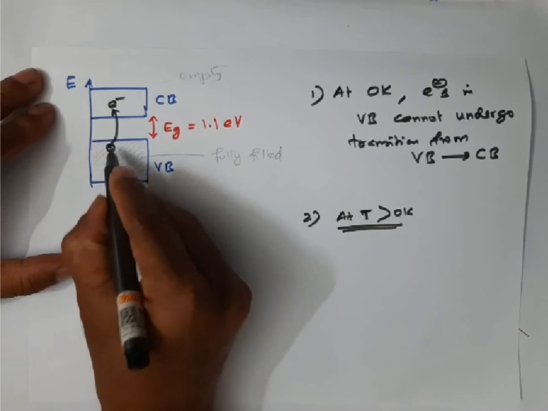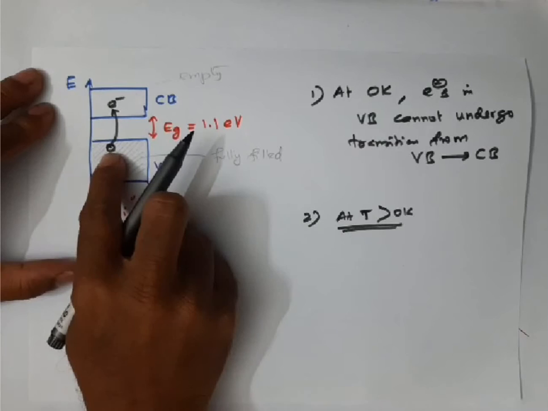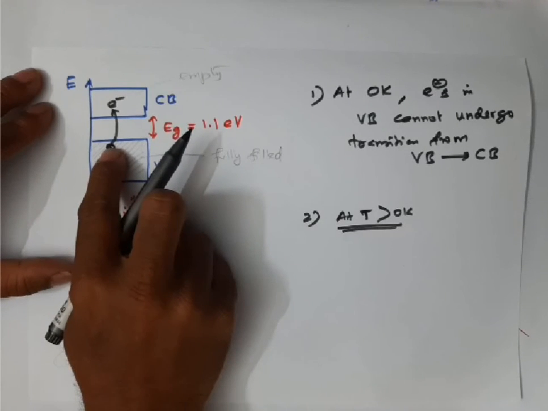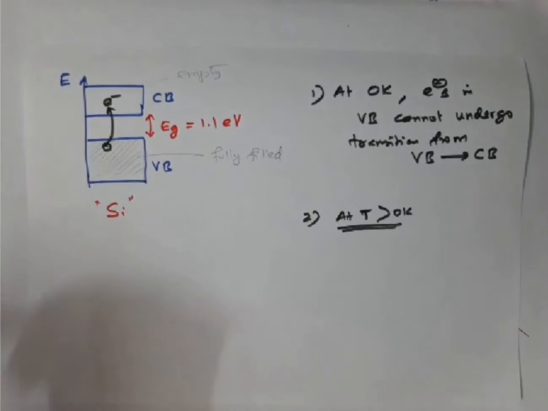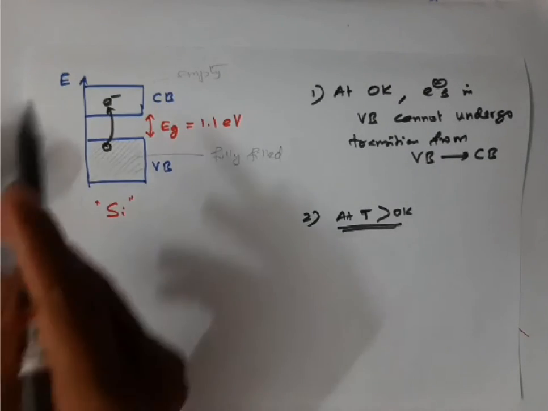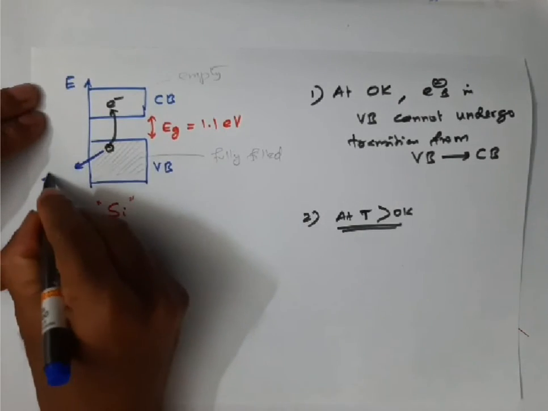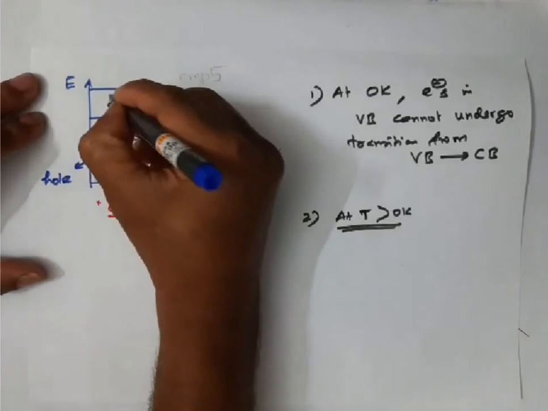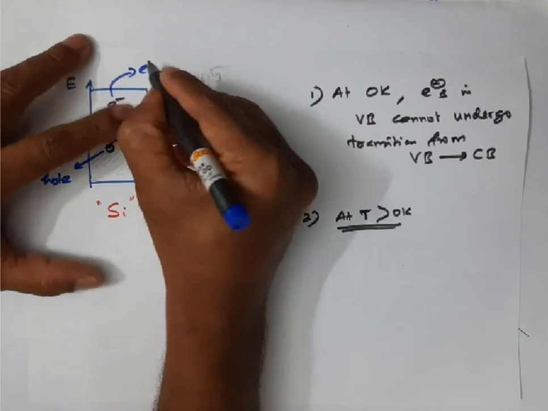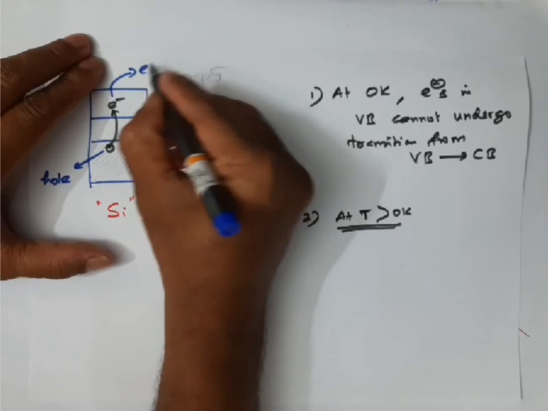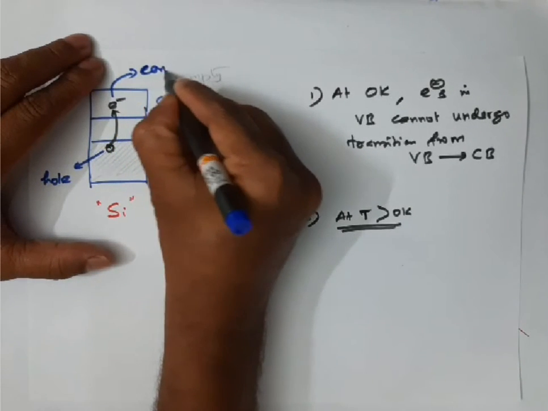We represent positive charge with a circle. We call this a hole. This is the hole, and this is the electron, or conduction electron, also called a delocalized electron.